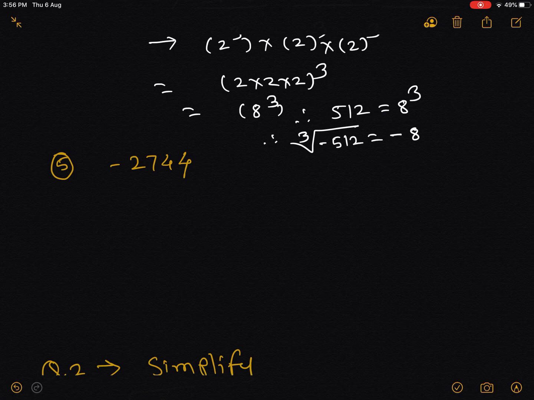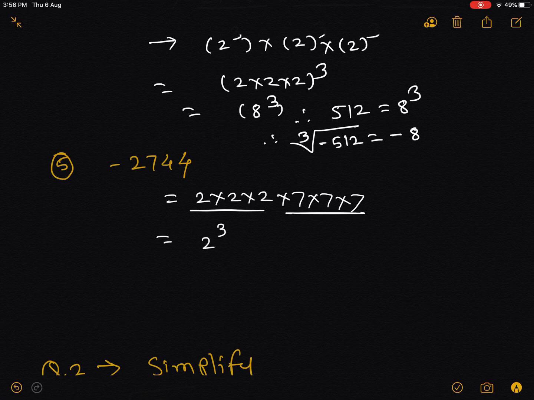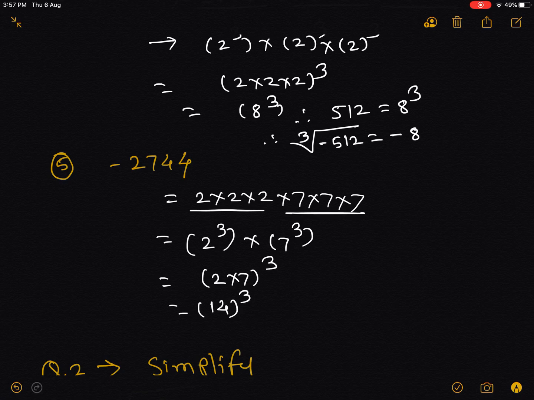Then see the next, 2744. Then we first find prime factors: 2 into 2 into 2 into 7 into 7 into 7. Then 2 raised to 3. Multiplication of 2 is 3 times, therefore it is 2 raised to 3 and 7 raised to 3. Then we take here 2 into 7 raised to 3, that is 14 raised to 3.